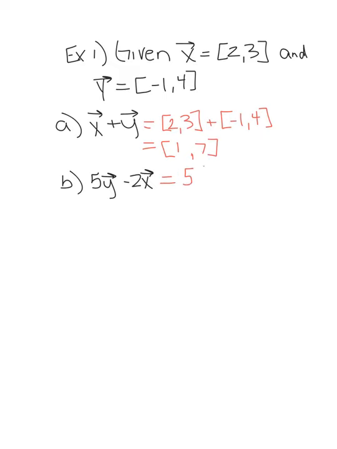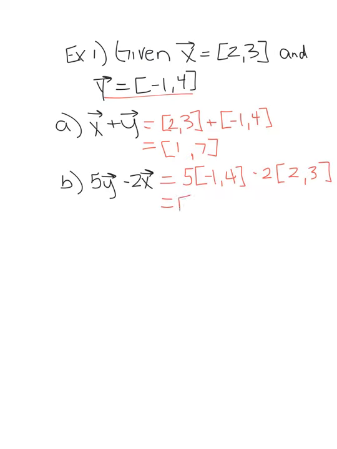Part B says 5y minus 2x. So I'm going to rewrite my 5, and instead of the y, I'm going to plug in my vector y, negative 1, 4, minus 2 times, and instead of x, I'll write 2, 3. I'm going to multiply each of those components by the scalar out front.